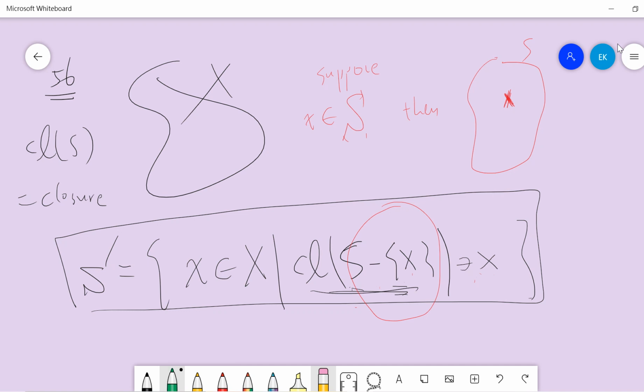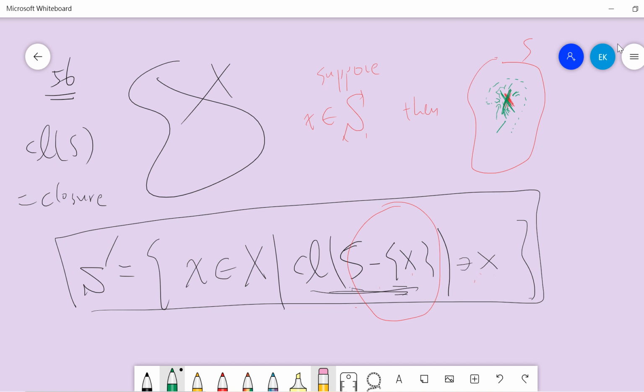This means that once you remove this point, you can still find other points in S which approach this point very closely. If a point has this property, we call it a limit point, and we collect all the limit points.